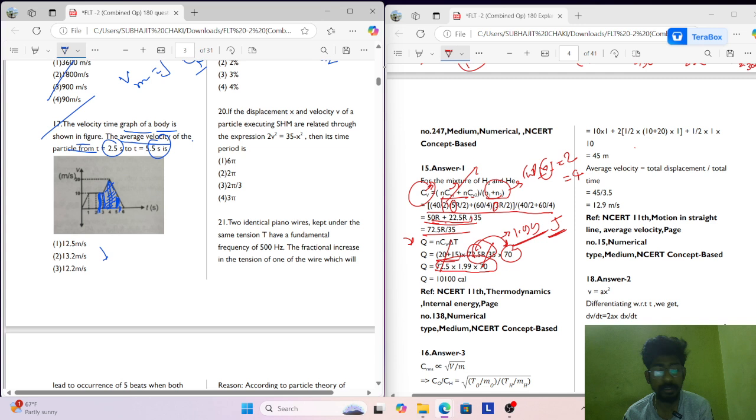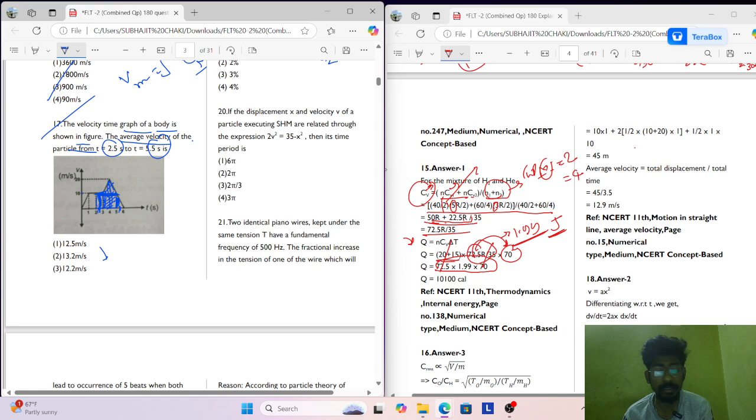How to calculate this? For this rectangle, the length is 10 and the value is 1, so 10 into 1. If you take both sides, this will be 10 into 1.